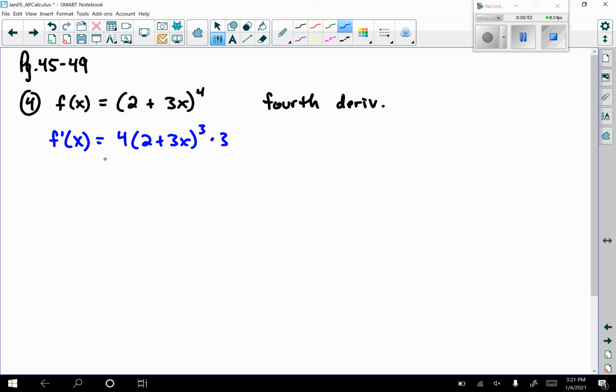Now, if you took a look at how the answers were written, I'm actually just going to leave it written this way. But we could technically put the 3 in front. So we could show 4 times 3 rather than saying 12. And then it's 2 plus the quantity 2 plus 3x cubed.